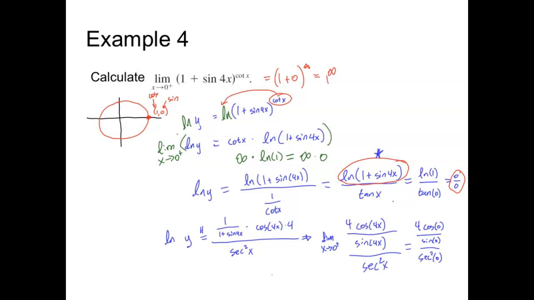Oh no, I'm sorry, this should be 1 plus sine of 0 there. So what I end up with is 4 times 1 over 1 plus 0 over, and secant is just the reciprocal of cosine, so secant of 0 would also be 1. All right, so this whole thing just comes out to 4.